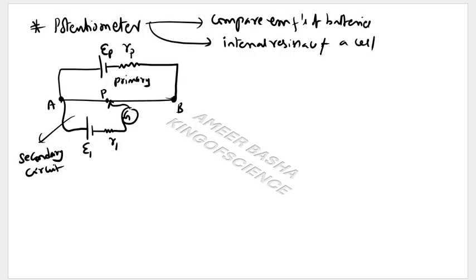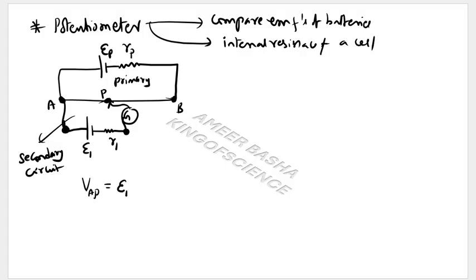As usual, when no current flows through the galvanometer, the potential difference across AP is the same as the potential difference across these two points. These two are at the same potential. No current in the galvanometer is the null point, so we need to search for zero deflection. So the potential difference across AP is equal to E1.